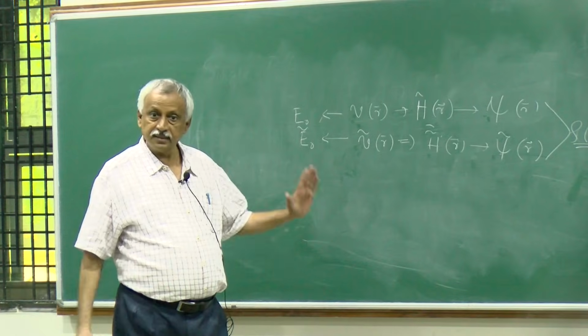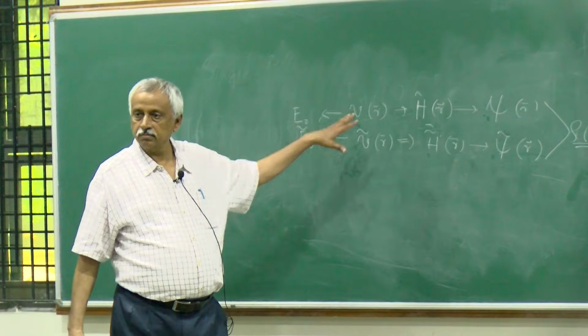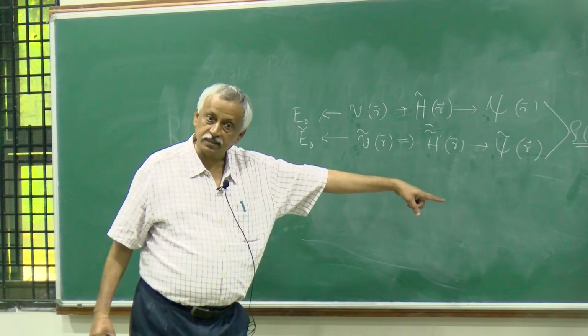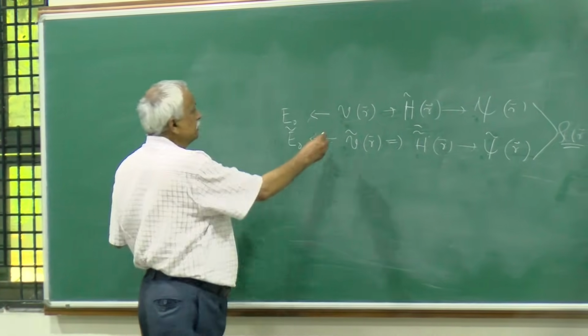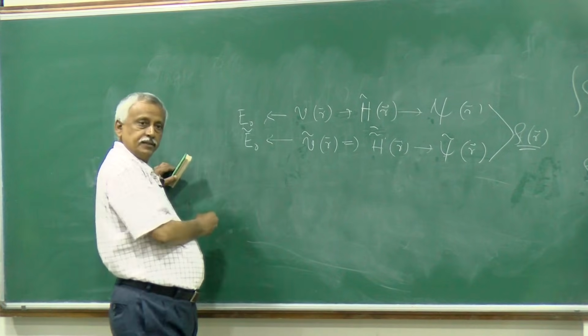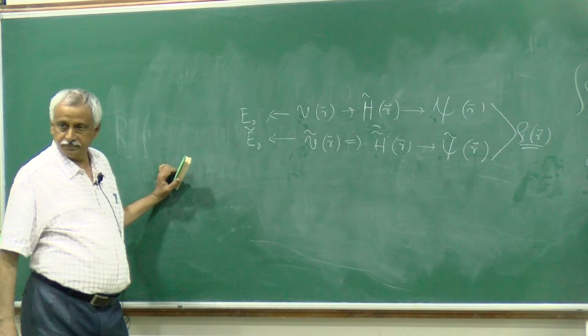So the density is the same, the external potentials are different. That means Hamiltonians are different, wave functions are different, but the density is the same. Let's say for this problem, if I solve the Schrodinger equation, I get the ground state energy E0, and for this problem it is E0 tilde.